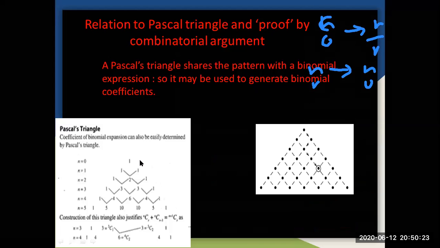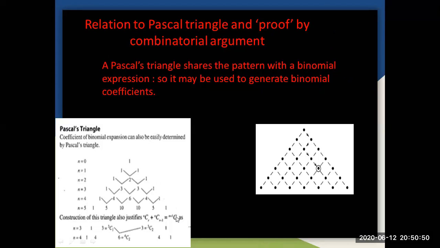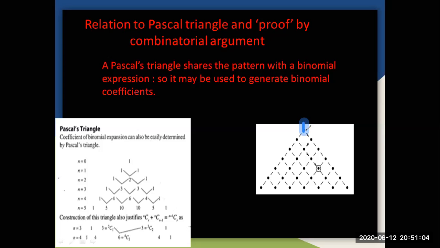Okay, so you can quickly find out the binomial coefficients using a Pascal triangle for small numbers, and the relation with a Pascal triangle also explains why you have combinations in front of binomial coefficients. Usually you have the first part marked as 1, and from this point to this point there's one way to reach that point.